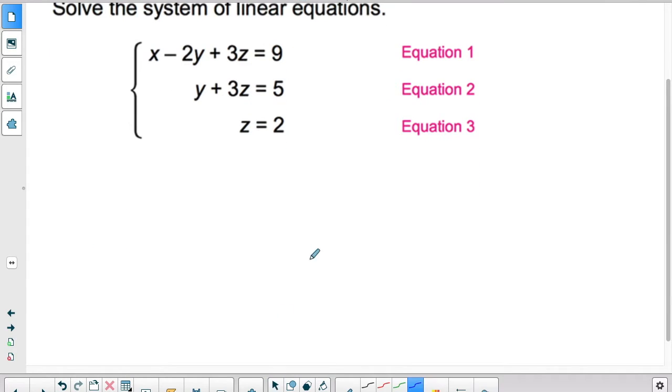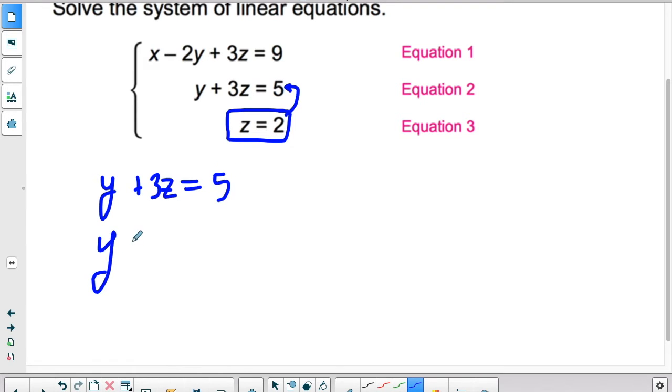Now, solving it from here is pretty easy because they gave us z. Z is 2. And I can plug this into the one above it. So we can say that y plus 3z is equal to 5. So I'll plug 2 back in. I get y plus 3 times 2 is equal to 5.